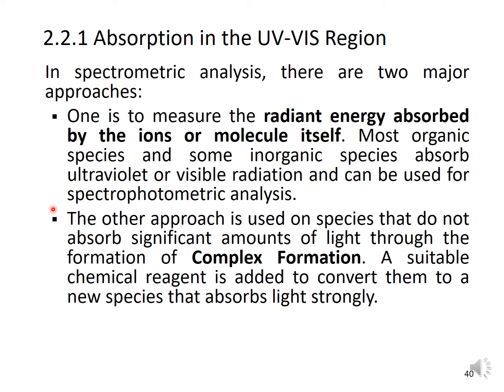The other approach is used on species that do not absorb a significant amount of light, through complex formation. For this kind of analyte, you need to add some additional chemical, like a chromophore, to make it absorb the light.